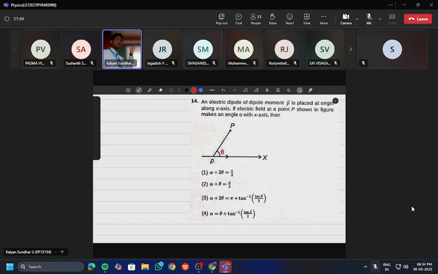So for any point, you may have some idea. What will we do? At any point P, we have to resolve the dipole. So this will be P cos theta, P sin theta. So from there you have to get it.